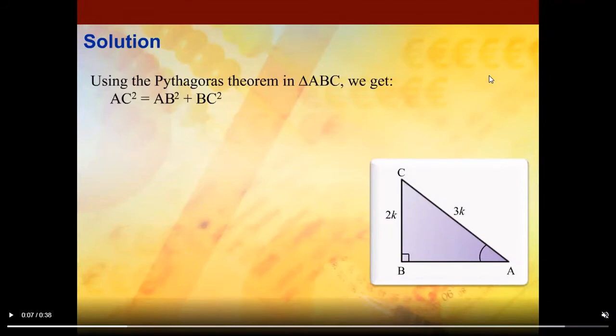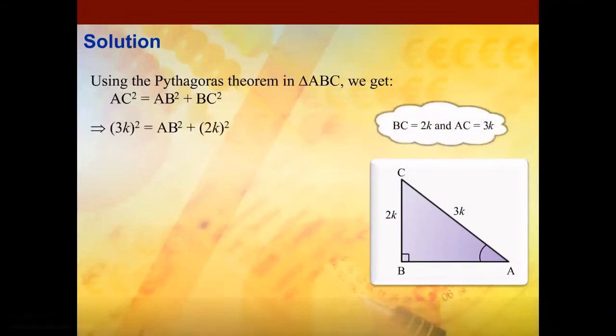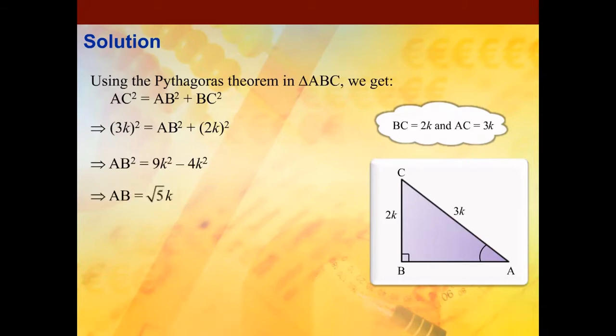Substituting BC as 2K and AC as 3K, we get AB square is equal to 9K square minus 4K square, which gives AB equal to root 5 K.